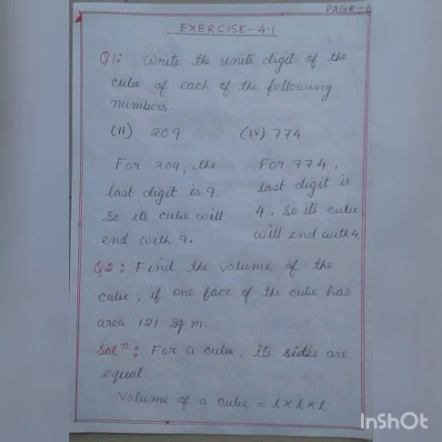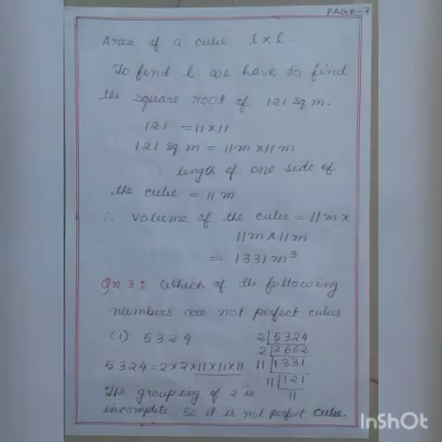That means L into L into L. Again, area of a face is L into L. To find L, we have to find the square root of 121 square meter. So 121 equals 11 into 11. So the length of one side of the cube will be 11 meter.